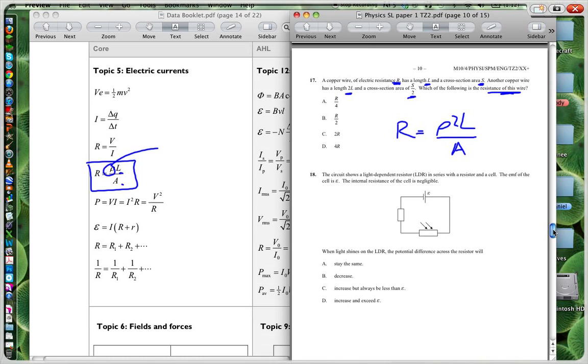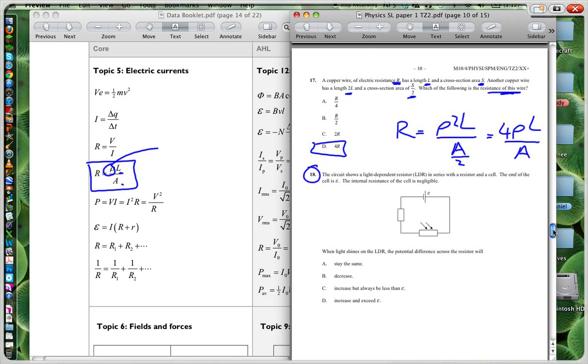So we've halved that, so this is being divided by 2. We have made it thinner, and that also increases the resistance by 2. So this is going to equal 4 rho L over A. We've increased it 4 times. So your answer for 17 would be D.